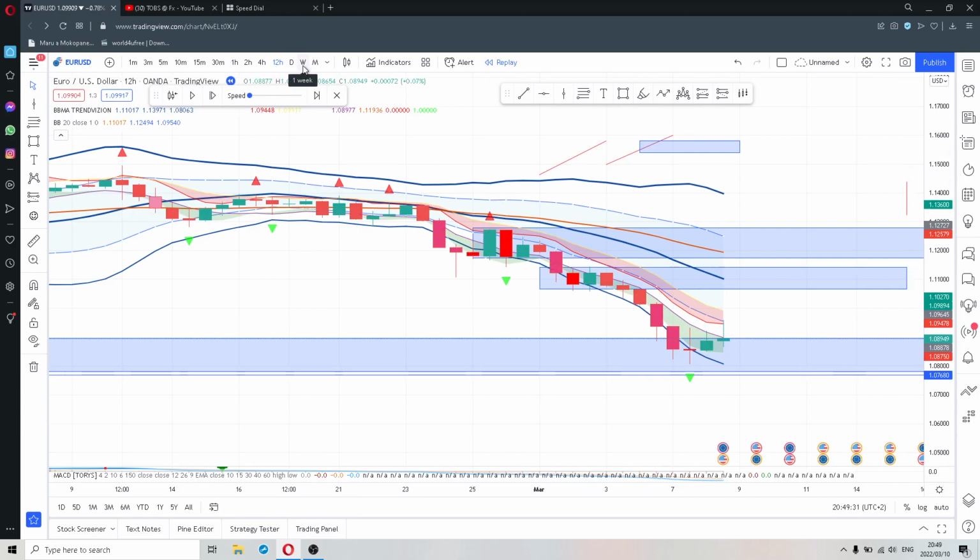So now a re-entry is going to happen. We are expecting a re-entry, and at the same time we have a zone. If you have a re-entry, you must have a zone. If you don't have a zone, don't take that re-entry.